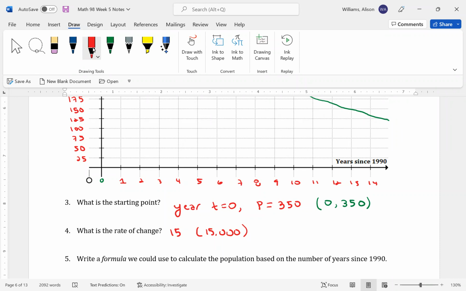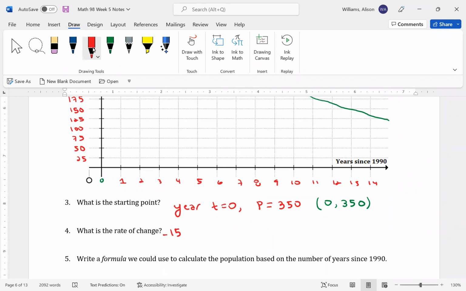It's not like changing by 15. It's actually decreasing by 15. So if I want to indicate a decrease, I just kind of thought about it. I really actually want to make this a negative because it's subtracting 15 every year, or a negative 15,000. Okay. But I'm going to use the fact that we're talking about this graph. So 15 is really what we're talking about, even if it's 15,000.